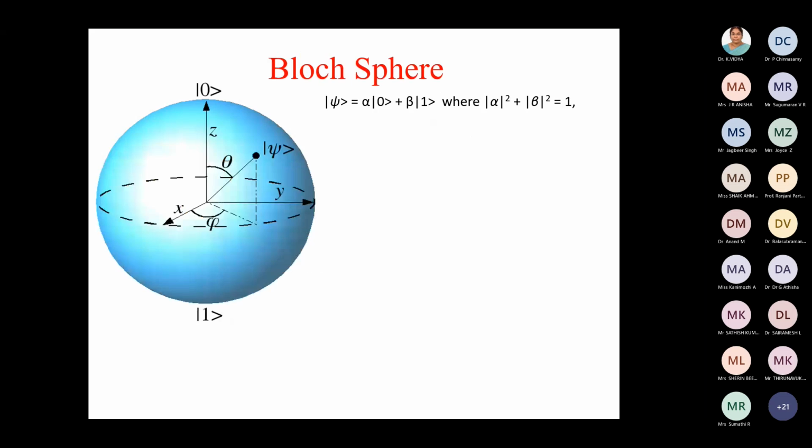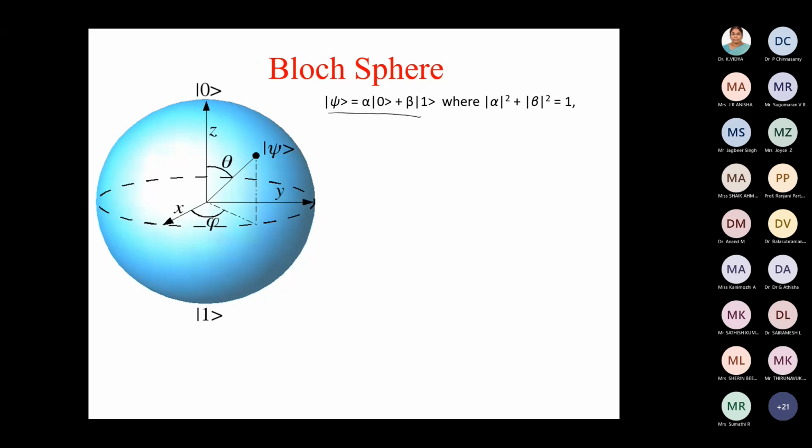So this Bloch sphere is a mathematical representation to visualize or understand the qubit in a better way. As I told you just now, there is a general single qubit state, alpha times 0 plus beta times 1, and this is the condition there.